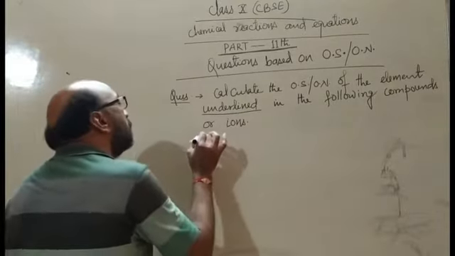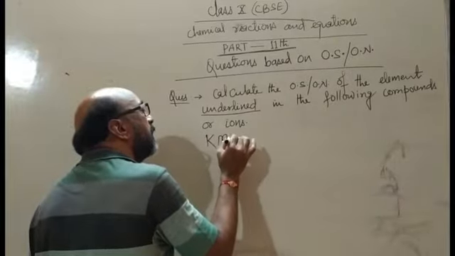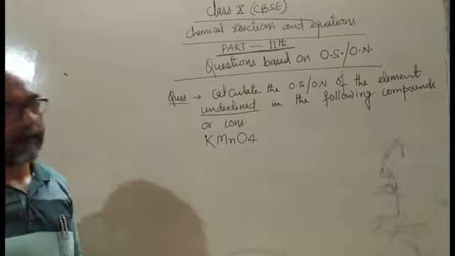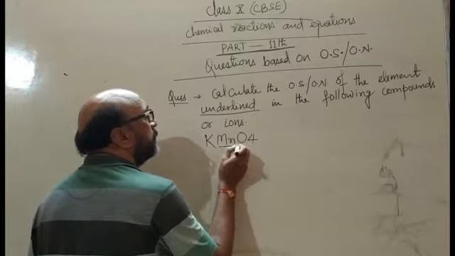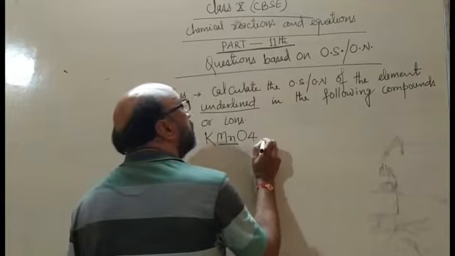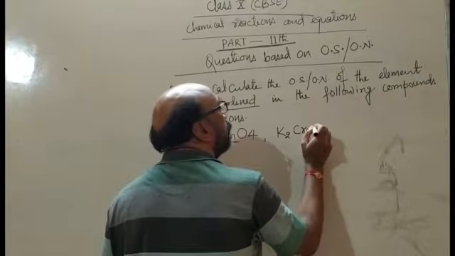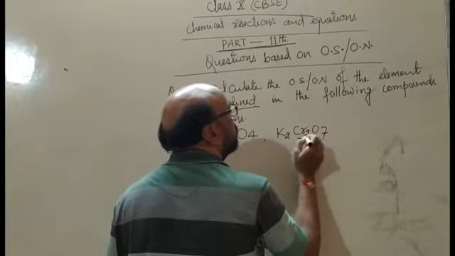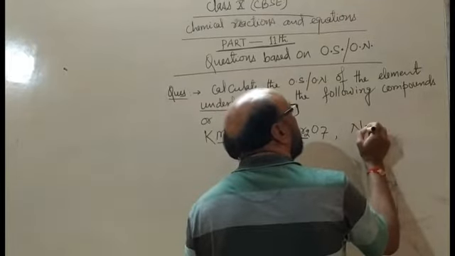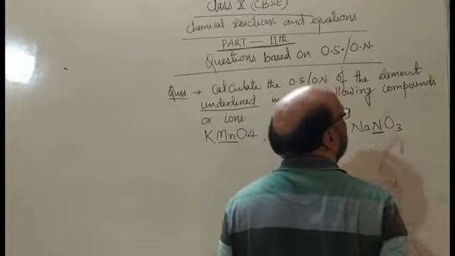Suppose in our question we have given KMnO4, a compound, and Mn is underlined. K2Cr2O7, where Cr is underlined. NaNO3, sodium nitrate, where N is underlined.